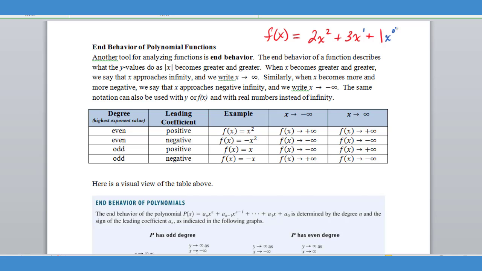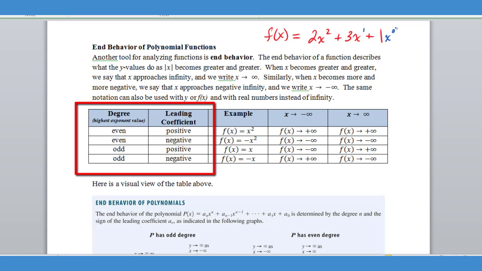And so you can see we have 2x squared, and so the 2 is called the leading coefficient. Now if you look at our table, you can see we have 4 possibilities. The degree can either be even or odd, and we have a couple possibilities for leading coefficient, positive and negative, and that leads to 4 possible combinations of the degree and the leading coefficient.